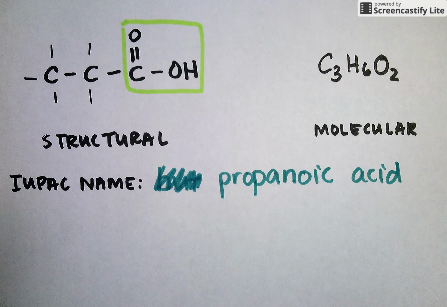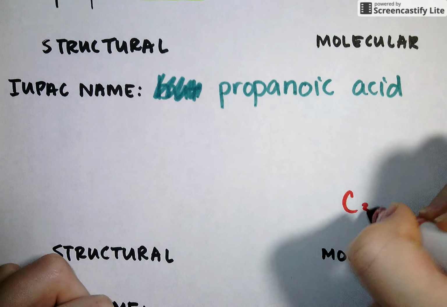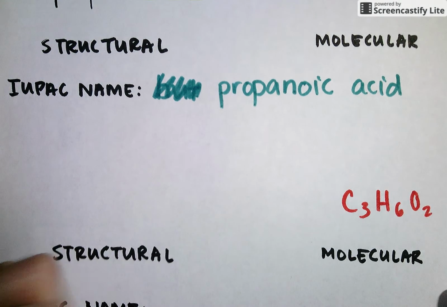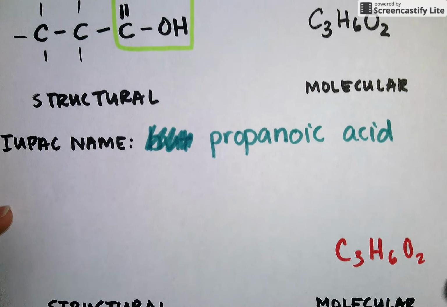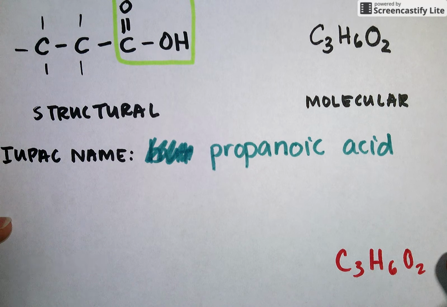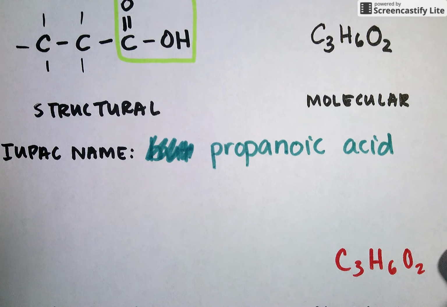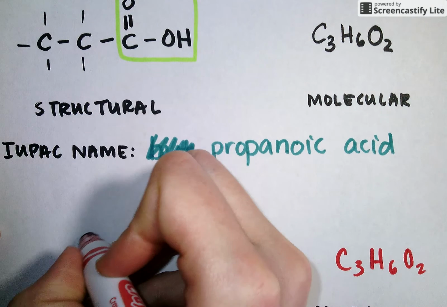So if I do that, I still only have C3H6O2 to work with because I need to build an isomer. But if I want to rearrange the structure, what I'm going to do is take a functional group that's very similar to the organic acid functional group, but move it into the middle of the molecule. So it becomes one of those functional groups that divides up your hydrocarbon chain, and that's the functional group of the ester.